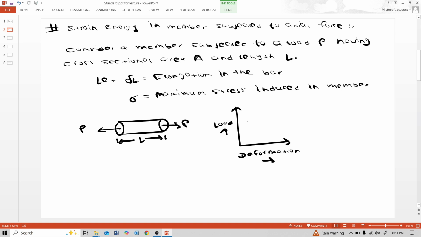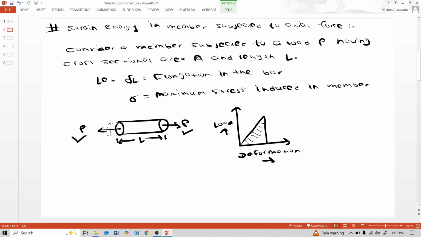So as load increases, deformation increases. So there is a gradually applied load. When a load P acts on a body, it undergoes deformation delta L. Due to this tensile load P acting on the body, this member gets deformed like this.